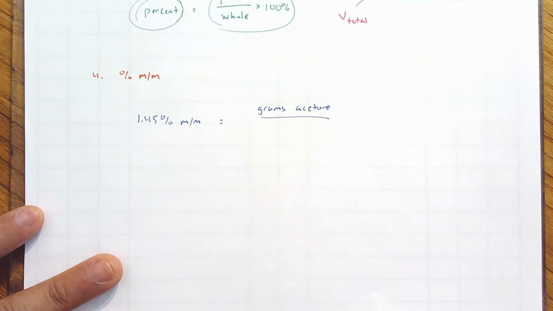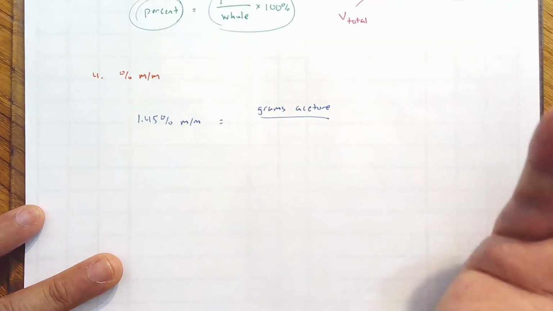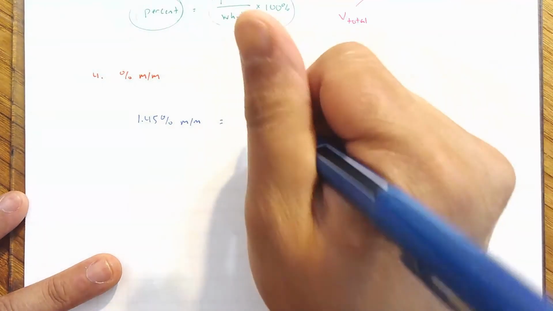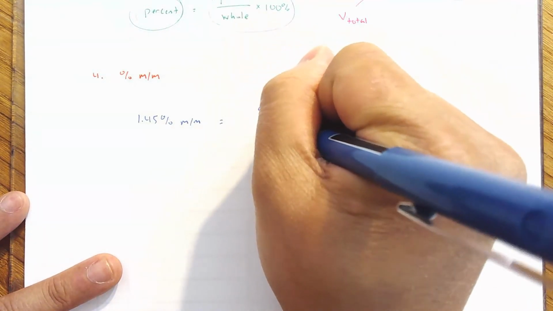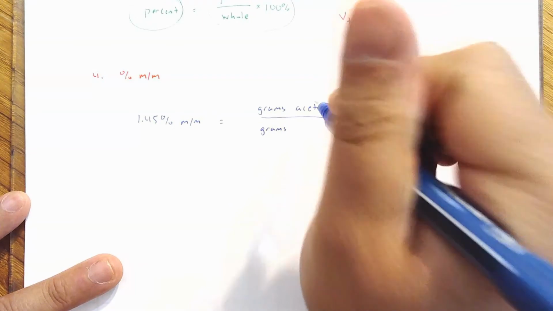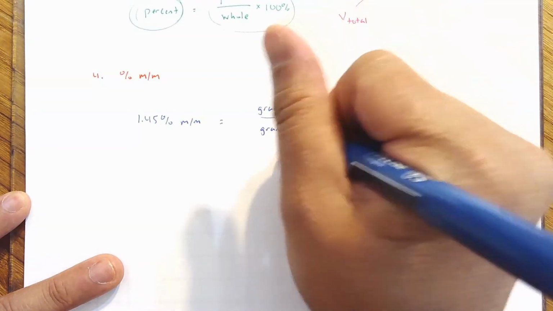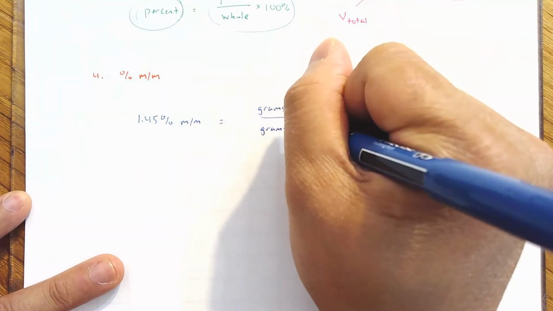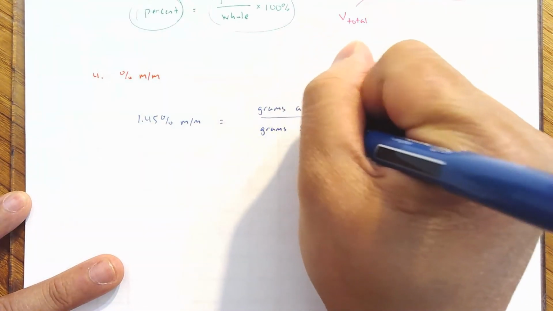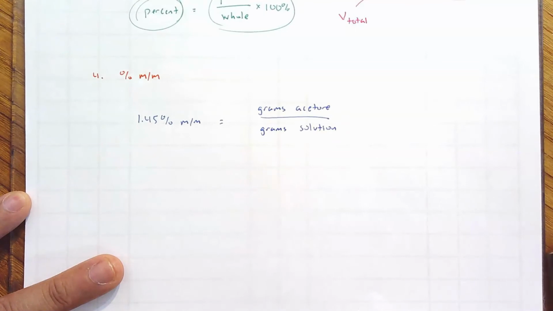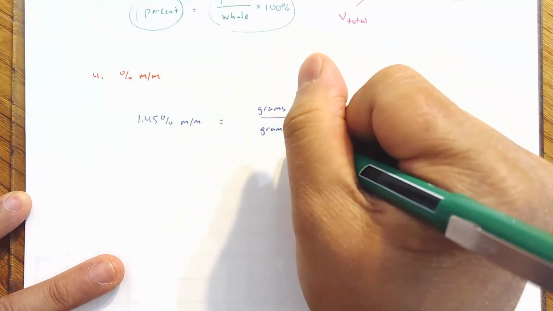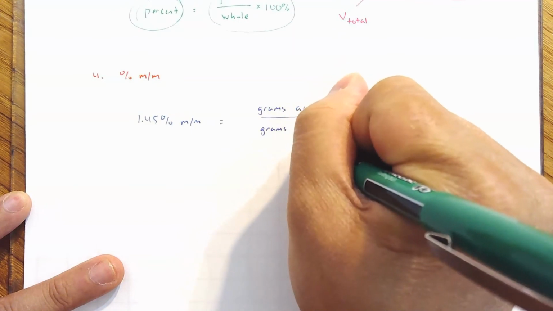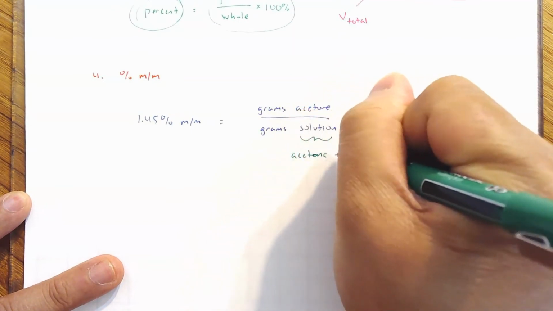If you add 5 grams of acetone, the total mass should be 105 grams. That is relatively accurate. You could just add up the two. Grams of not water, but grams of solution. So to specify, that is acetone plus water.